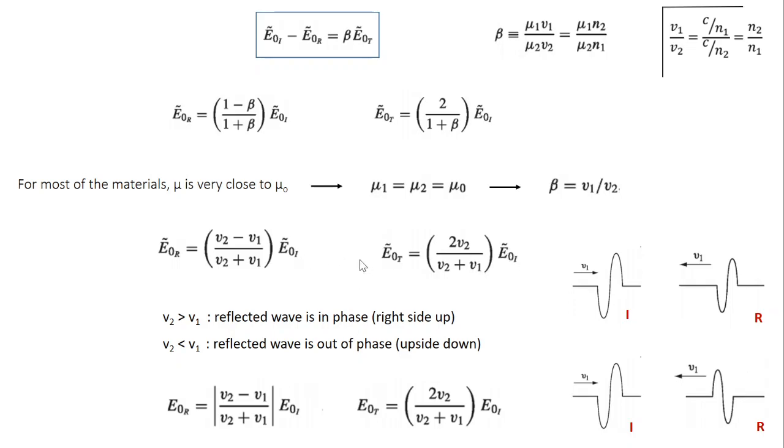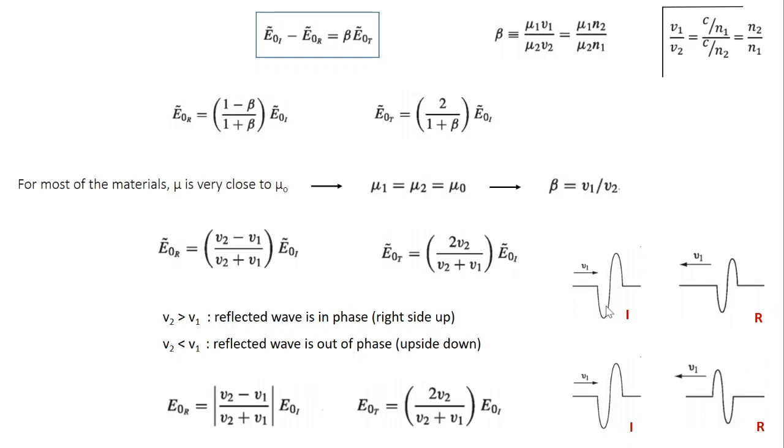If you recollect the analysis done for waves traveling on a string, we obtained exactly the same results for incident, reflected and transmitted fields. Here, when v2 is greater than v1, you can see there is a positive correlation between the incident and reflected field, meaning if you have a positive peak on the incident side, you have a similar positive peak on the reflected side.